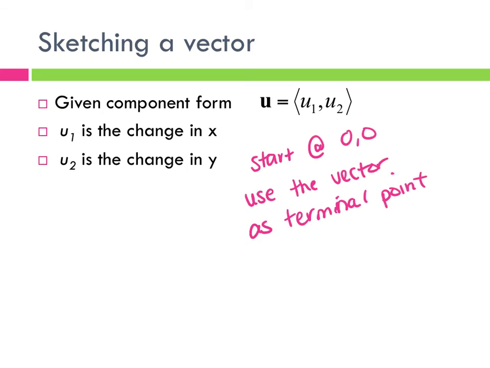So this is if it just gives you the vector. If it said u is 2, 3, like we just talked about, then I would start at 0, 0. Change in x is 2, change in y is 3, and there's my vector.